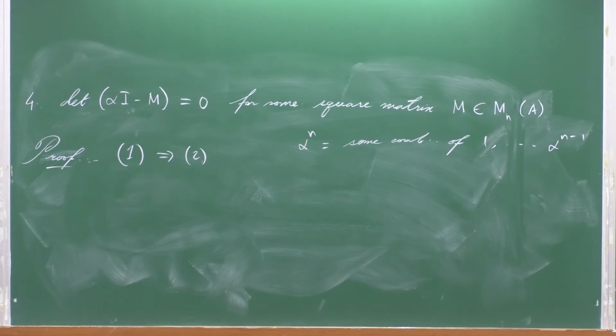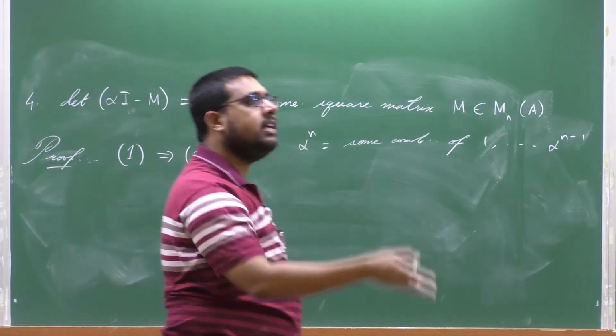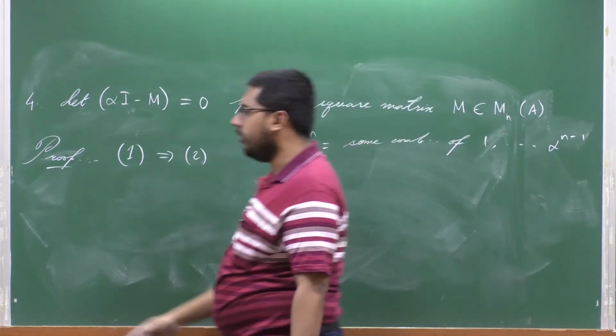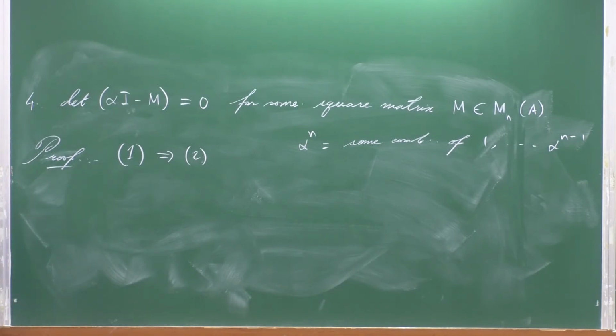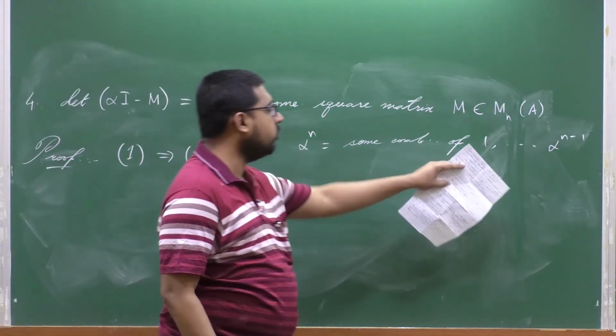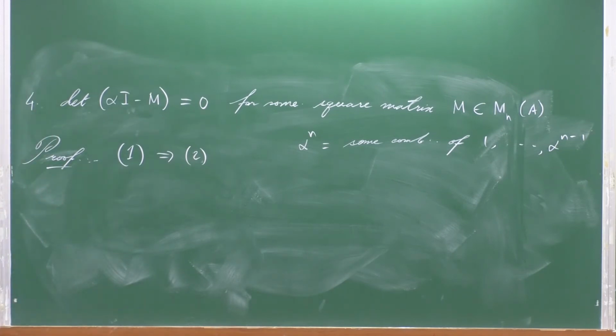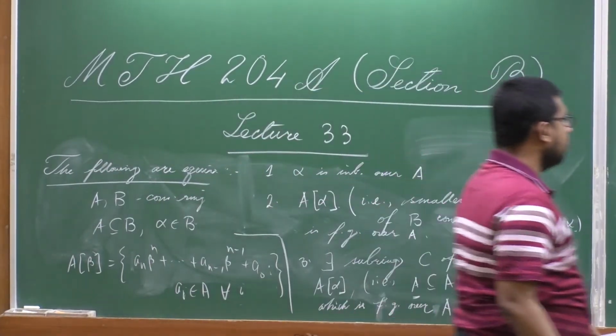So, alpha^n and any bigger power of alpha can be immediately expressed in terms of lower powers of alpha, namely up to alpha^(n-1). Therefore, any polynomial expression in alpha becomes a combination of 1 up to alpha^(n-1). That proves that 2 holds when 1 holds. So, this is done.